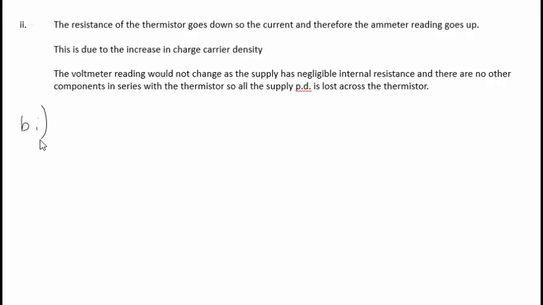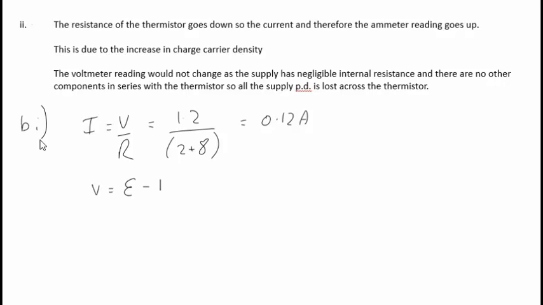Well, initially we can find the current, which is V over R. The voltage is 1.2 volts. The resistance is the 2 ohm fixed resistor plus 8 ohms for the wire. This gives a current of 0.12 amps. Then we can use the equation that the terminal potential difference is equal to the supply EMF minus the current times the internal resistance.